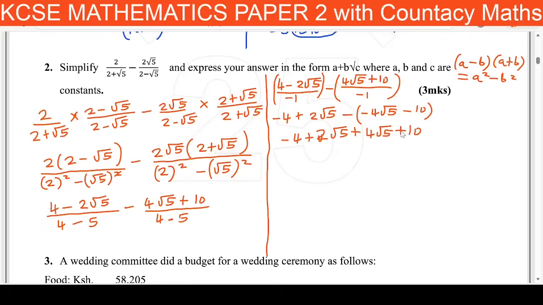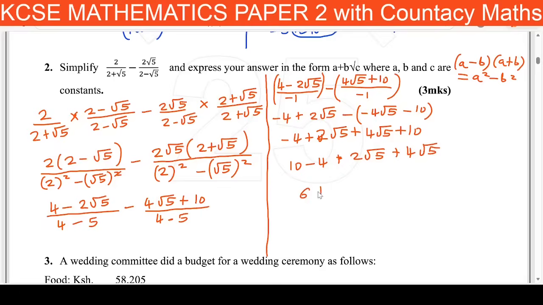So let's go ahead and put the like terms together. We can start with 10. So we have 10 minus 4, plus 2 root 5, plus 4 root 5 like that. So we have 10 minus 4, that's going to give us a 6.